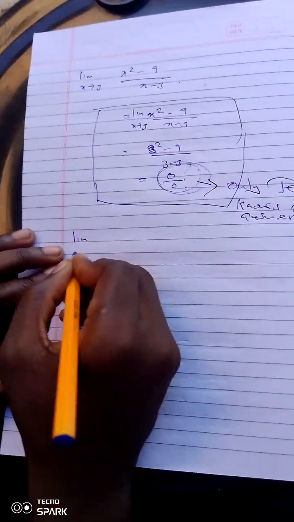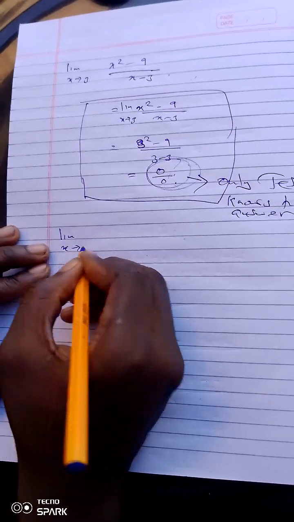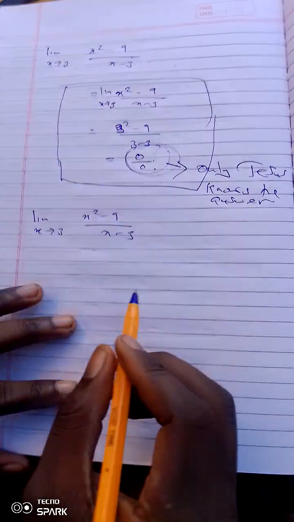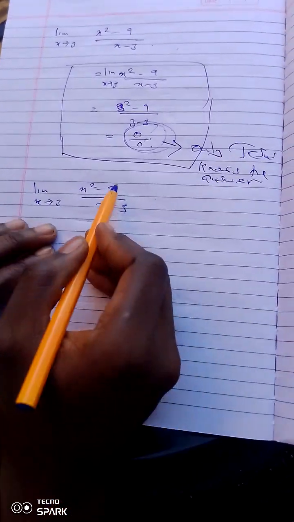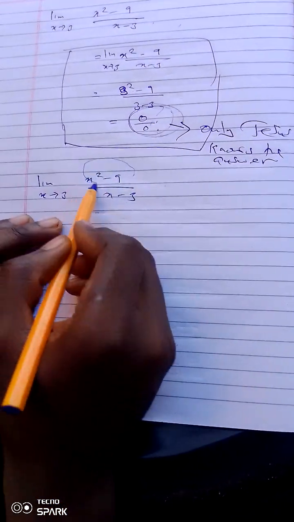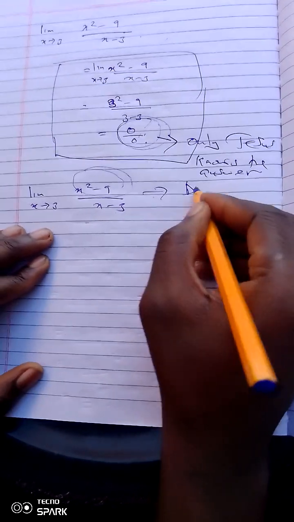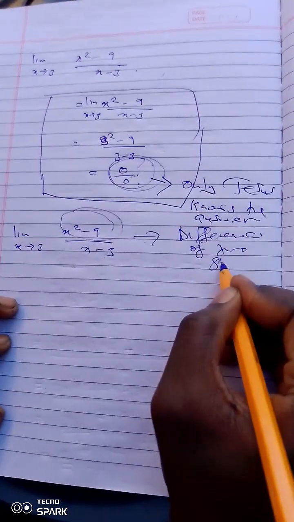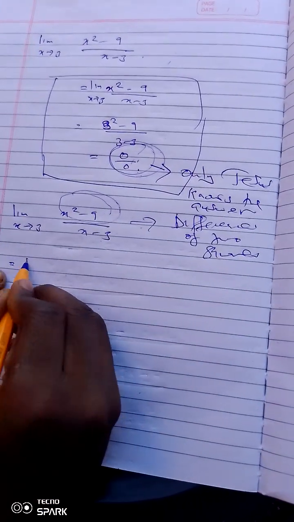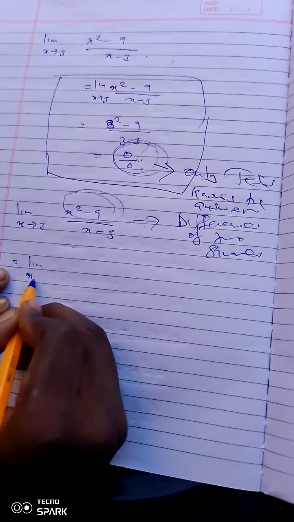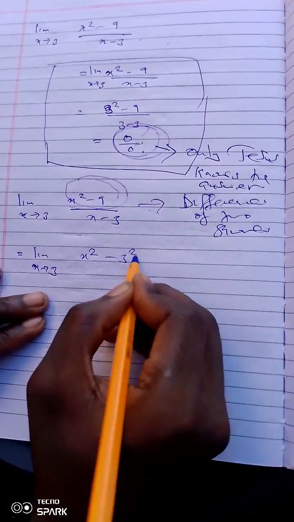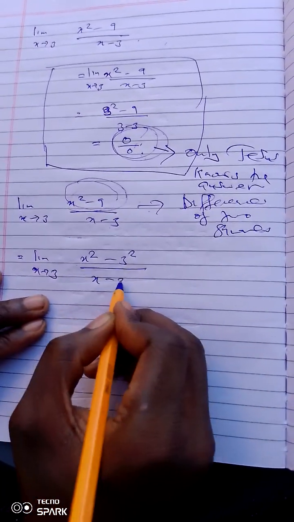Then algebra comes into play. This is x squared minus 9 over x minus 3. I know from elementary mathematics that this here is a difference of 2 squares. So we can write the limit as x approaches 3 of x squared minus 3 squared over x minus 3.